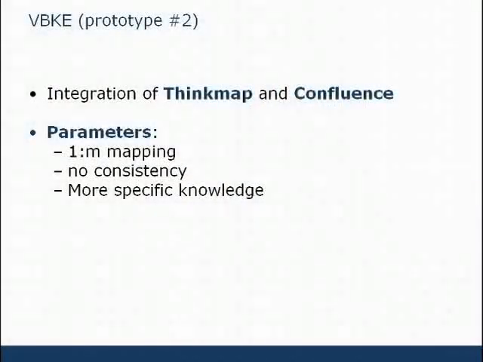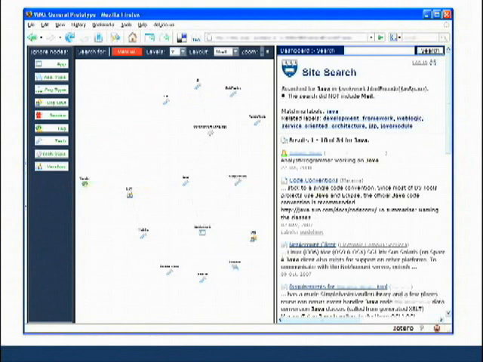The second prototype was, again, an integration of ThinkMap, this time with Confluence, which is a corporate wiki. This is a one-to-many mapping. There's no consistency except for the fact that it's doing a search within the wiki. So if you change the wiki structure, the searches will obviously get updated each time you do them. And as I mentioned before, it's more specific knowledge in that it's to do with the information architecture of the university.